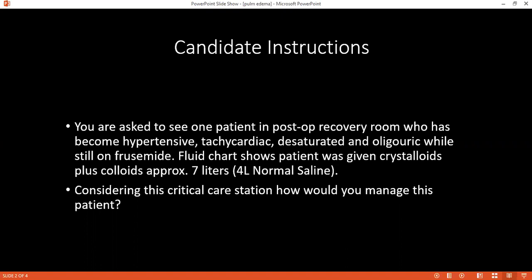Then that will result in decreased renal perfusion and decreased output. And then what will happen? Left ventricular end diastolic volume will increase.